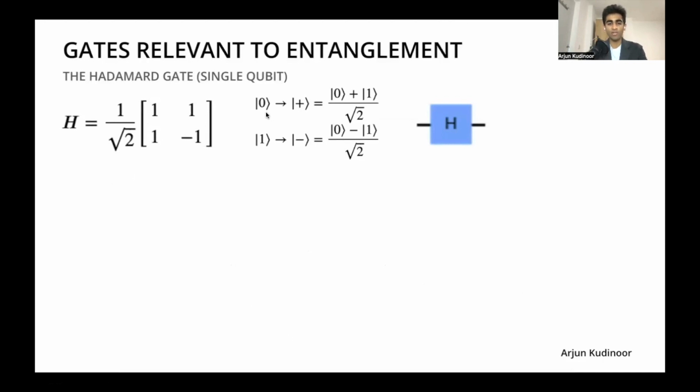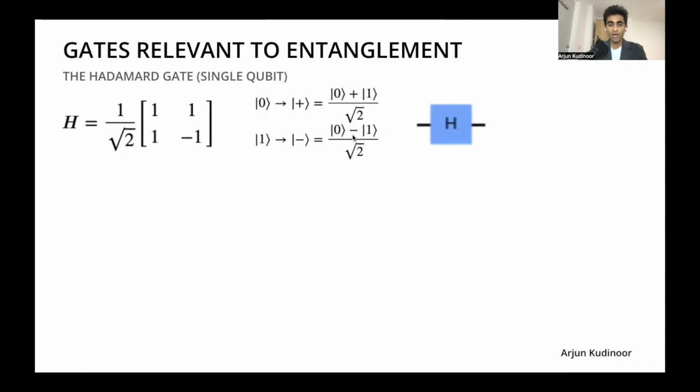Let's say you wanted to rotate a quantum state. So if you wanted to rotate the 0 state onto something we call the plus state, which is basically an equal combination of 0 and 1 with a plus phase, you can do this operation. And let's say you wanted to rotate the 1 state to another equal combination of 0 and 1 states, but with a minus phase.